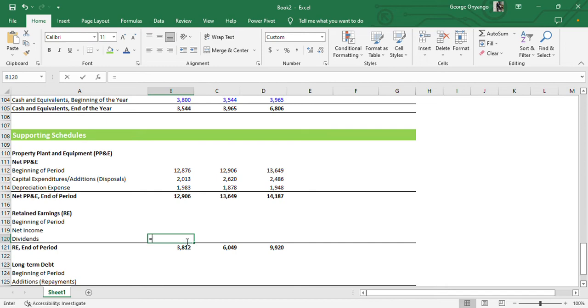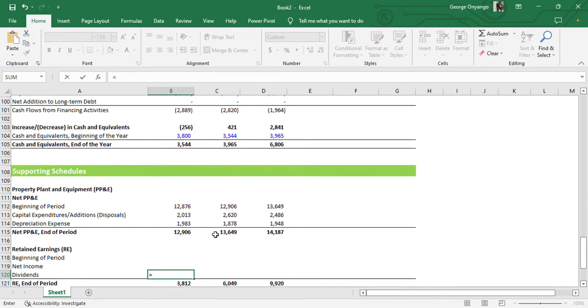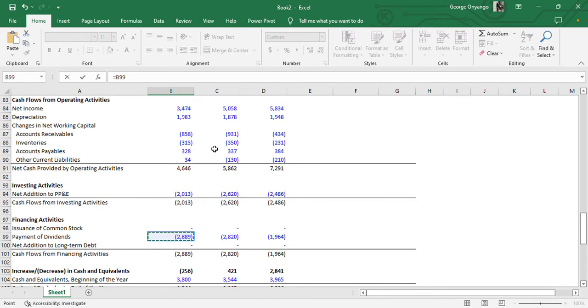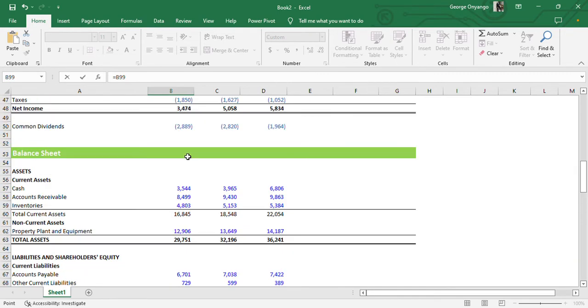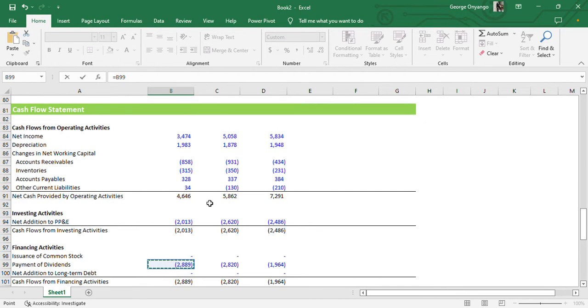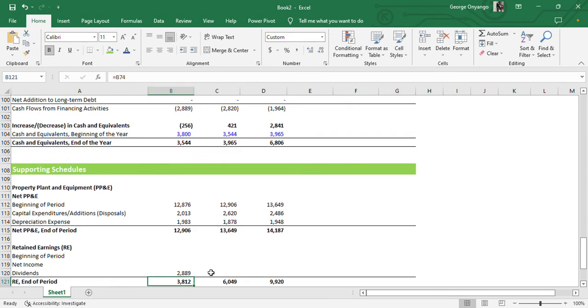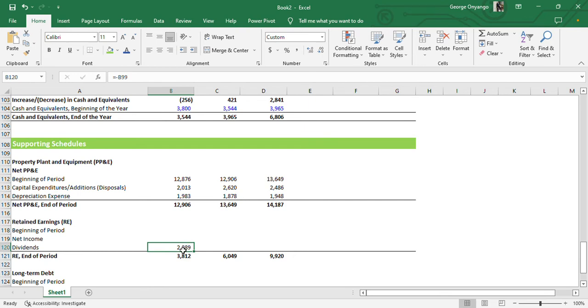The dividends we already have. The dividends, you can take this one, you can use this value, or you can use this one here. They are the same. So the best thing is to put it positive. So the dividends is going to be that.